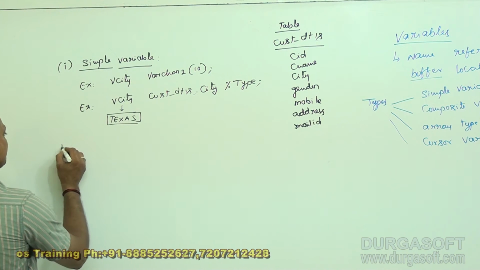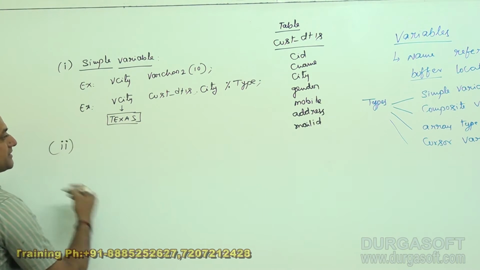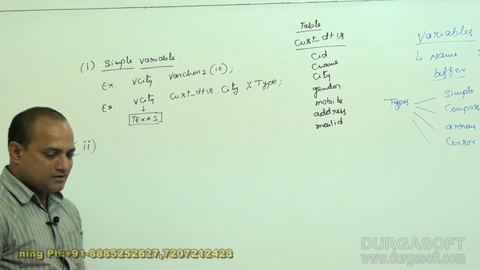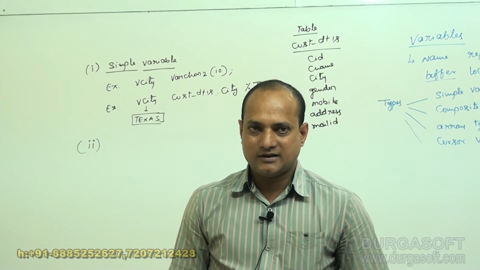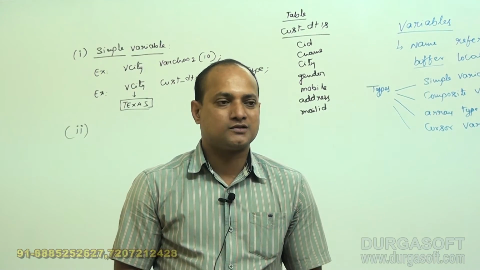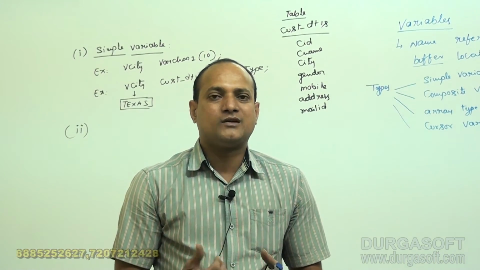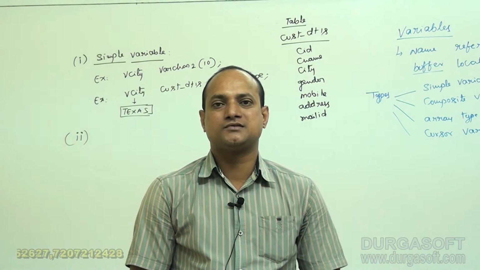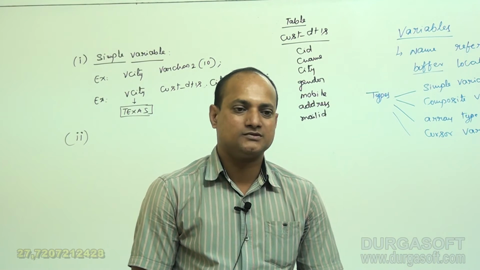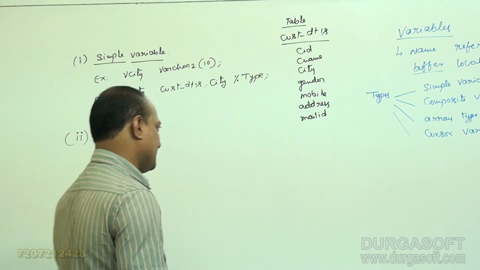Now the second one: composite variable. What is a composite variable? If you are able to store more than one value under a variable, that is called a composite variable.